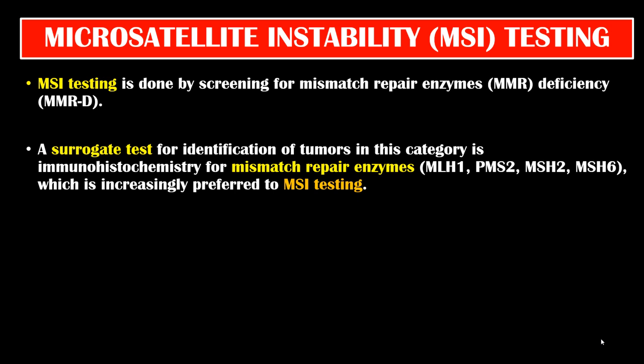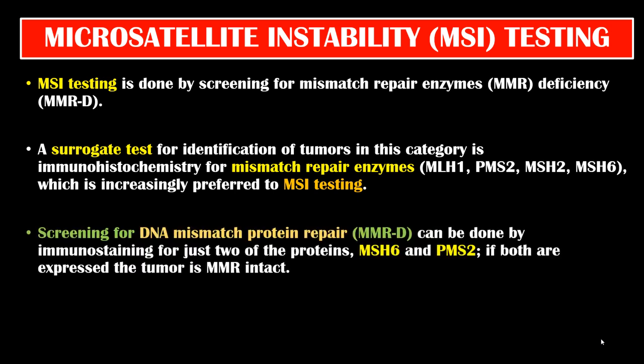Screening for DNA mismatch repair protein deficiency, MMRD, can be done by immunostaining for just 2 of the proteins, MSH6 and PMS2.